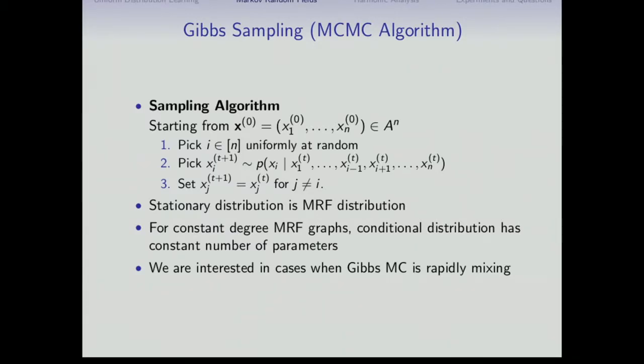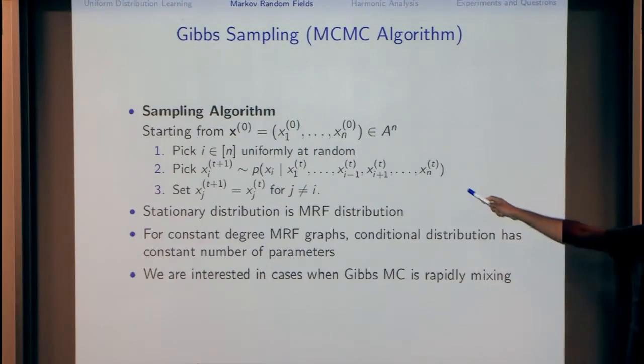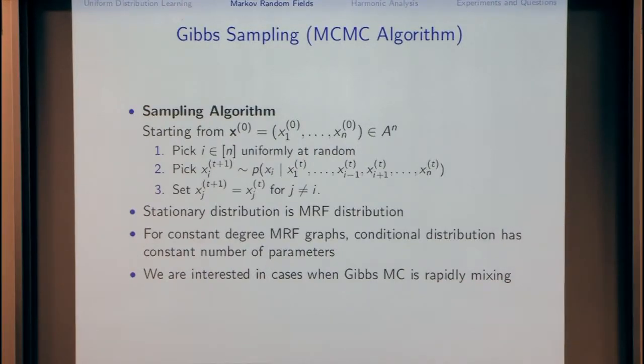So fixing all the remaining variables, it draws a new value for the variable that is going to be changed from its conditional distribution, and then updates the value. And you keep repeating this. If you run this Markov chain, it has a nice property that the stationary distribution is the MRF distribution itself. And sampling from the conditional distribution is easy as long as the graph has constant degree.